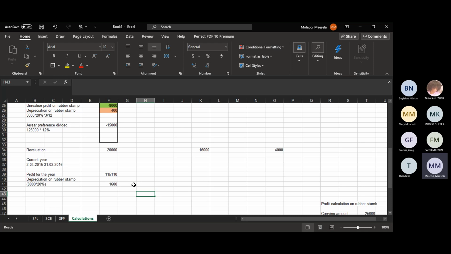Now we're going to go to the same transaction number 9. There is now a shrink wrap machine that had a carrying amount of 56,250 and was sold on 31 August 2015. Then that shrink wrap machine was sold at a loss of 4,000. Now we're going to say unrealized loss on sale of shrink wrap machine.